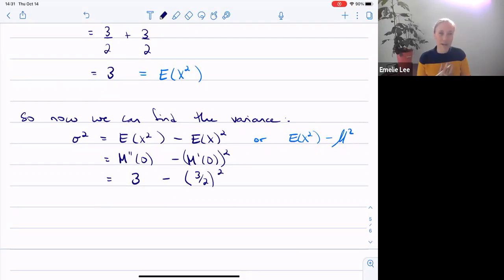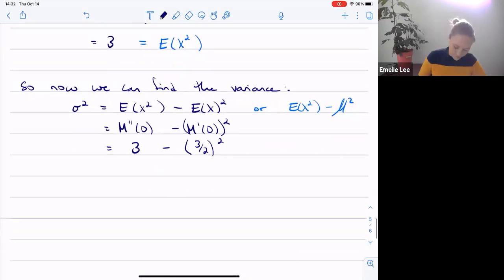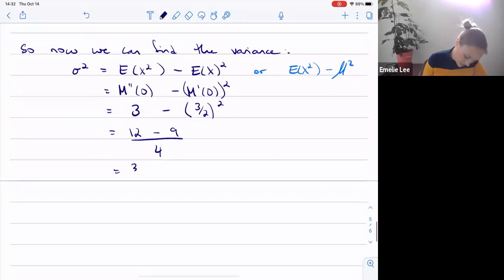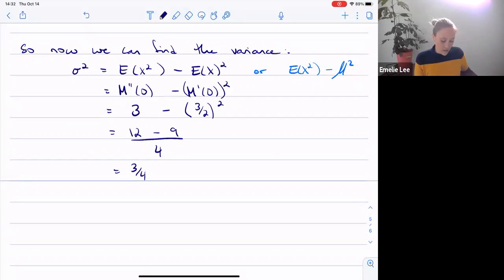Careful when you square that, right? It becomes 9 over 4. So 3, I can put it over a common denominator. So I get 12 minus 9 all over 4, which is 3 over 4. Nice. Okay.